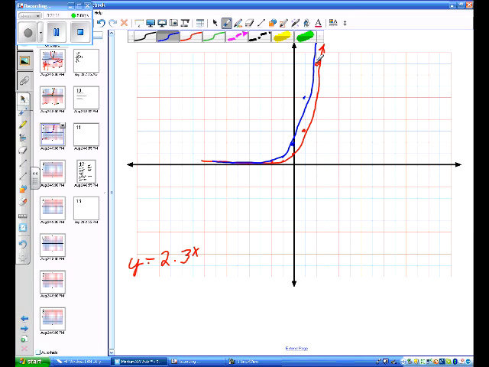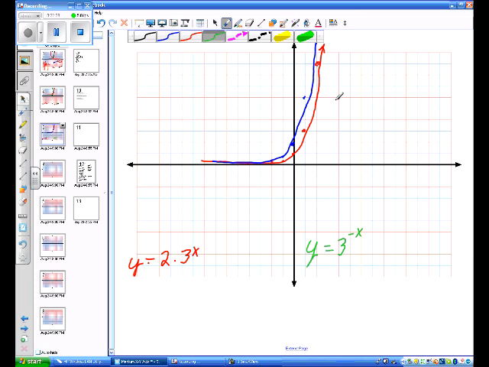Well, let's do this one. And we did it a while ago, but let's do it as a transformation. y equals 3 to the negative x. Now, if you remember when we negated the x, we reflected it across the y-axis.